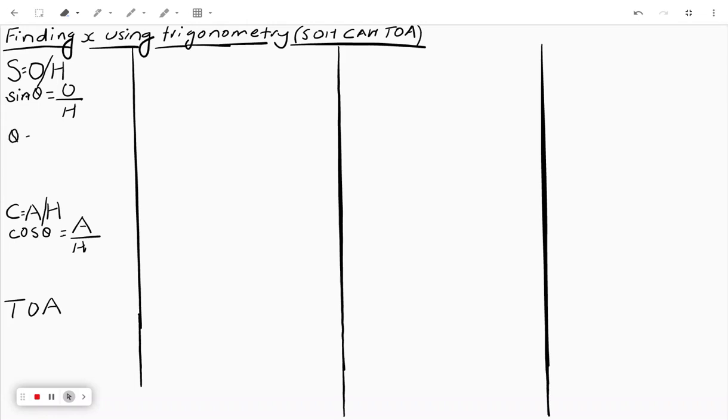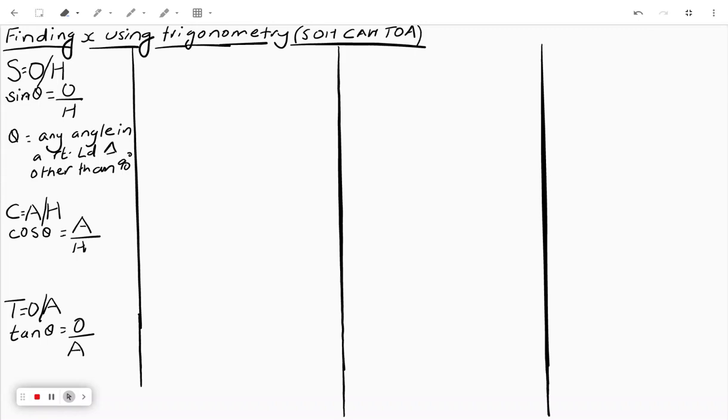Theta is any angle in a right angled triangle other than 90 degrees. So theta can take any value in a right angled triangle as long as it is below 90 degrees. Okay, so we've got our two formulas ready so far. Our last one, T stands for tan, T-A-N, tan theta equals opposite over adjacent.